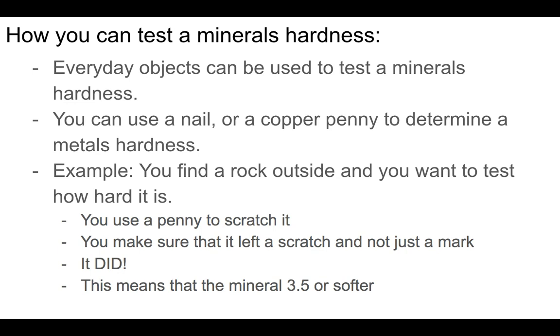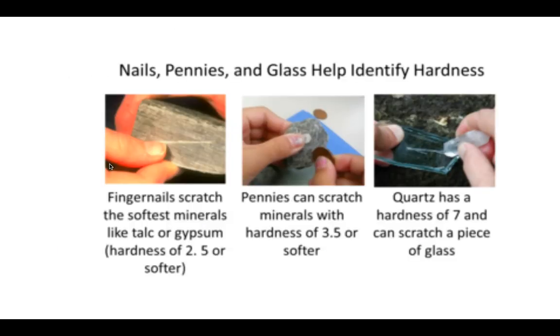I just left a mark there, right? You have to make sure that it leaves an actual scratch, and if it did, then that means that mineral is a 3.5 or softer, because we know that pennies or things made out of copper are around 3.5 on the Mohs hardness scale. These are just some other things you can use.